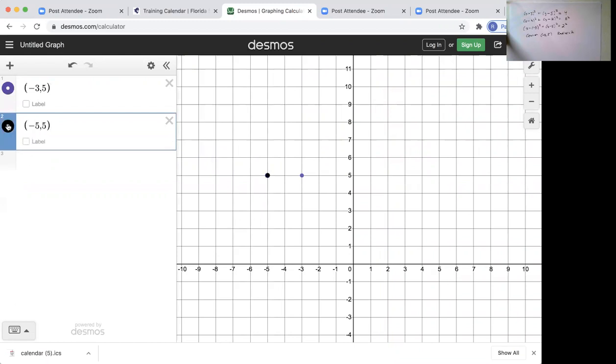Yeah, maybe let's change that color. 2 units to the right would be negative 1, 5. Common mistake: switch the x's and the y's. Negative 1, positive 5. There we go. 2 units up, negative 3, 7. And 2 units down, negative 3, 3.